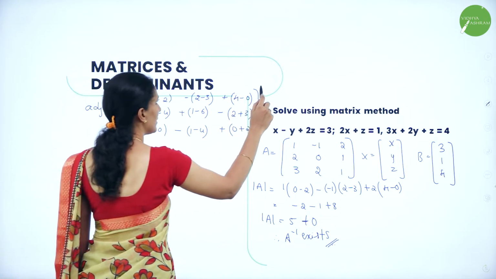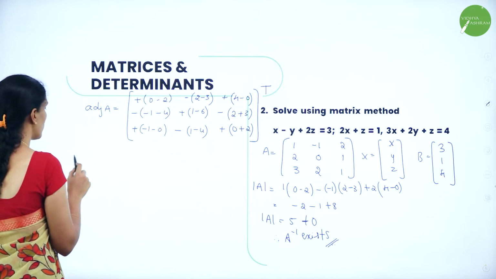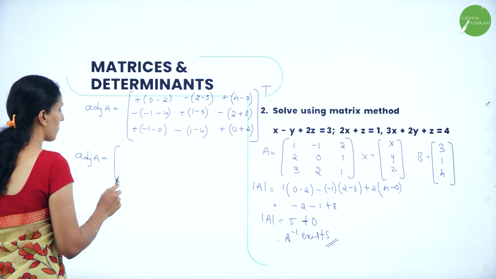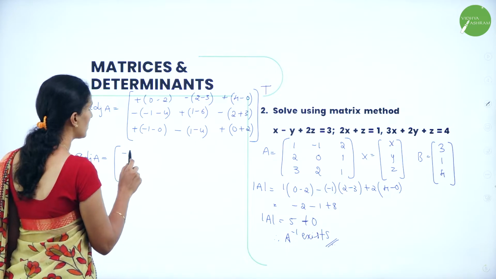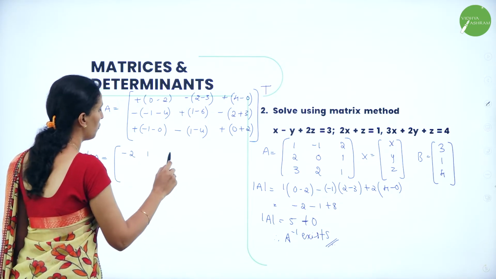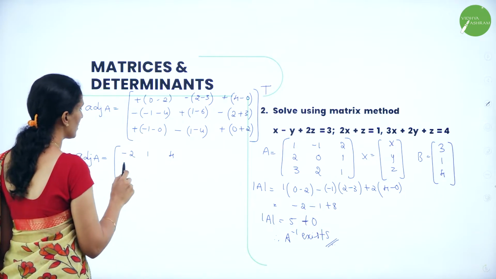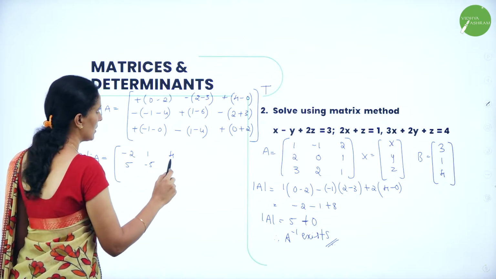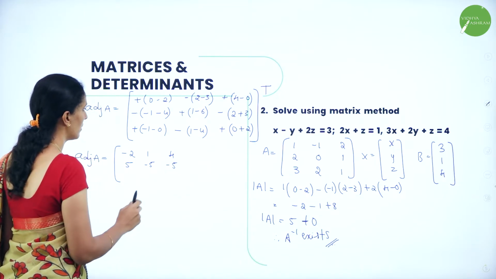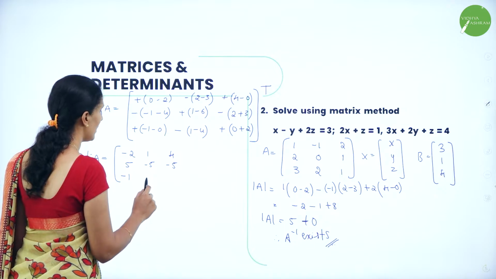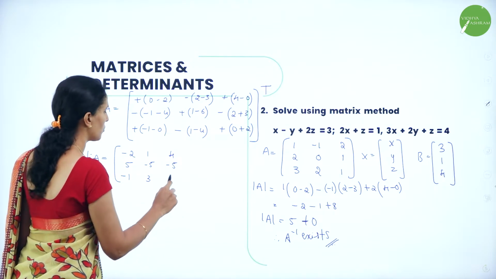So we need to take the transpose of this matrix. So first find out the values now. Adjoint, here minus 2, minus 1, plus 1 outside, 4. So minus 5, plus 5, minus 5. Next minus 5. Next is minus 1, minus 3, 3 and 2.